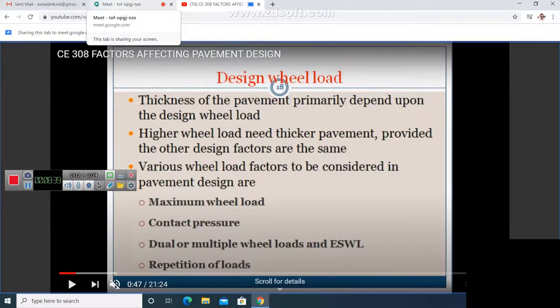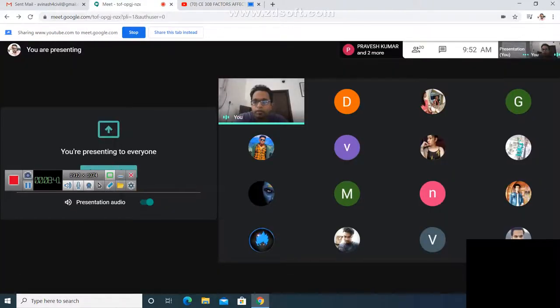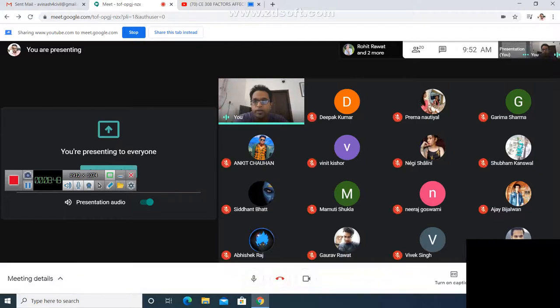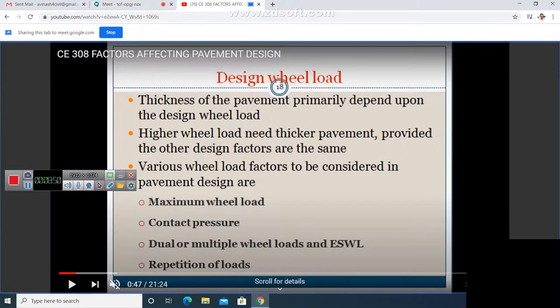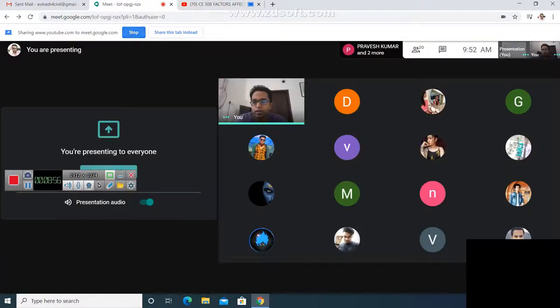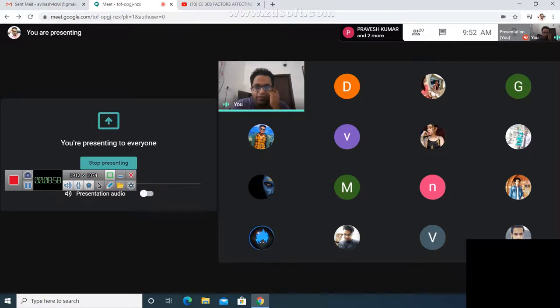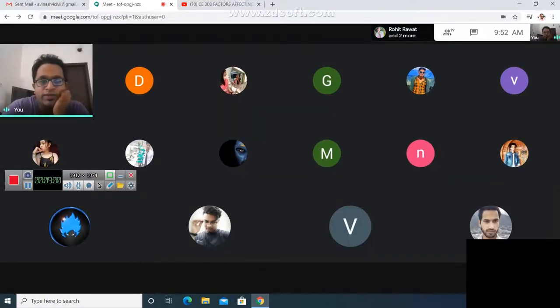Now, when you coin out this term of design wheel load, you should understand that there are a number of wheel load factors to be considered in pavement design. As I told you, there are different factors affecting pavement design, the first factor being the wheel load. The pavement should be made operational to the movement of vehicles.